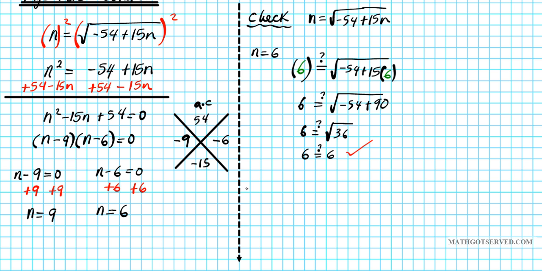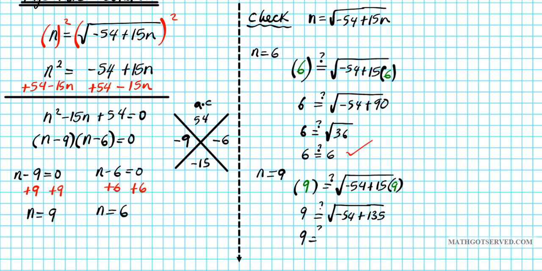Now let's check to see if n equals 9 is also a solution or if it is extraneous. We're going to apply the same procedure. Is 9 equal to the square root of negative 54 plus 15 times 9? The left side is already 9. 15 times 9 is 135.